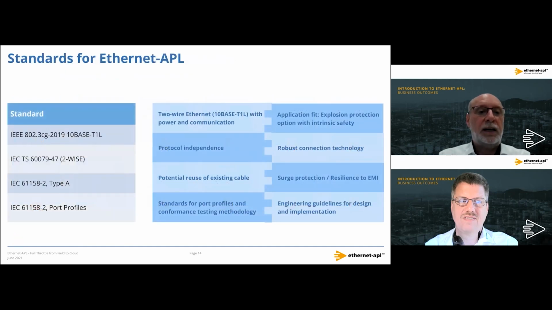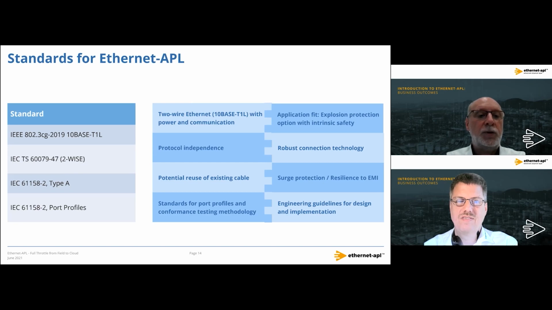To summarize the standards, as I said, the standards give everybody access to that information for their own development. There is the new standard IEEE 802.3cg, which describes this 10BASE-T1L solution. Then the IEC technical specification for this two-wire concept. We reuse existing cable specifications like the IEC 61158-2 type A cable.